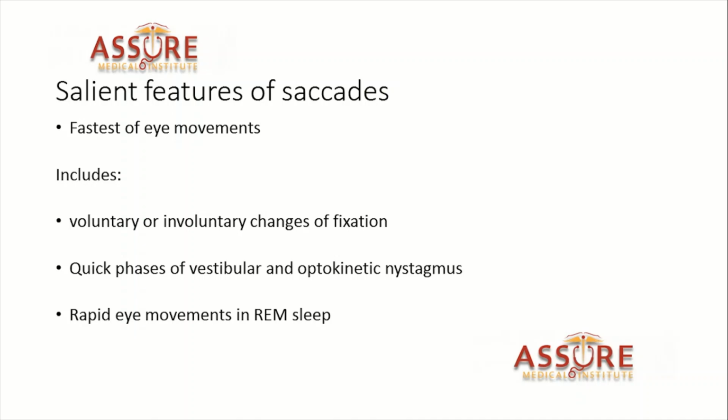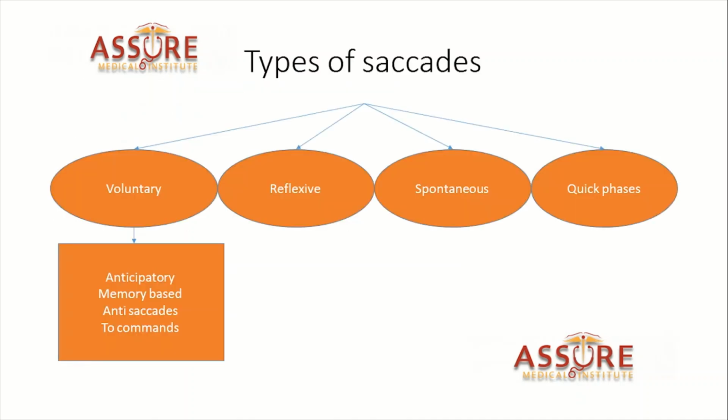So, what are the salient features of saccades? They are the fastest of eye movements, which include voluntary and involuntary changes of fixation, quick phases of vestibular and optokinetic nystagmus, and rapid eye movements in REM sleep. The types of saccades: the quick phases which we discussed, the spontaneous saccades when we are scanning the environment, and the reflexive saccades due to visual stimuli, auditory stimuli, or any other stimuli.